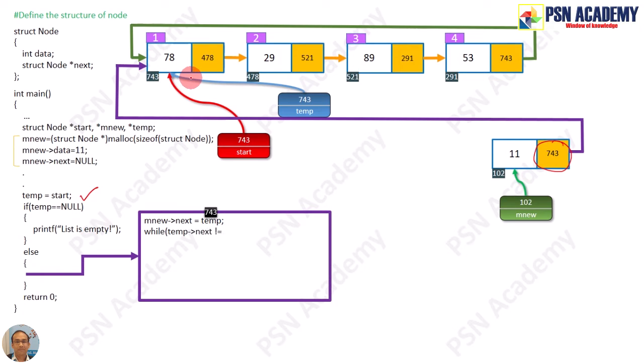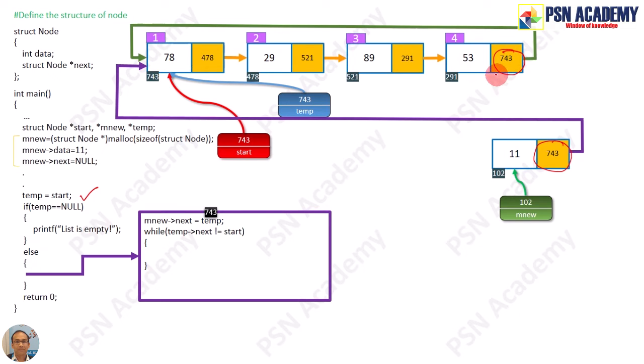Next, while temp next not equal to start. Now, here is a big question. Previously, in the conventional singly linked list, here the pointer was null. So, setting the new node as the first node in this existing linked list was enough. But here, in a circular linked list, you keep in mind that the last node also points to the first node.